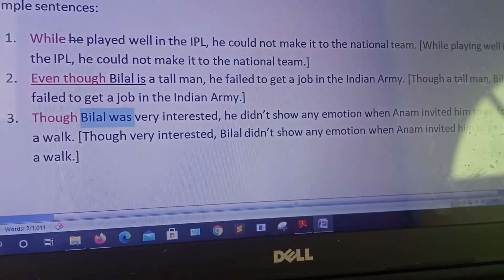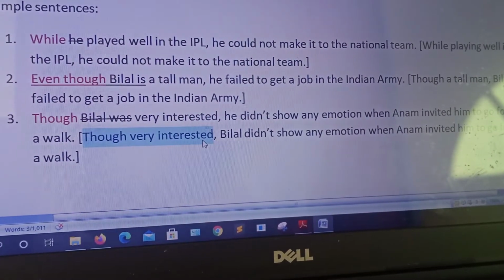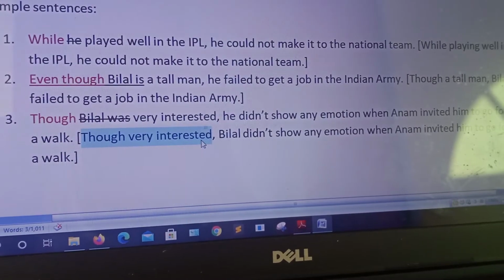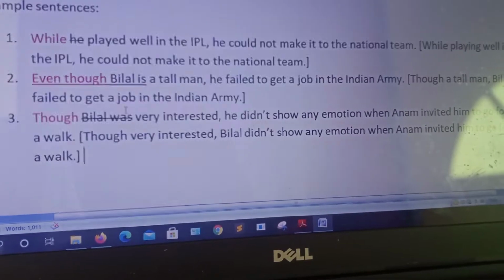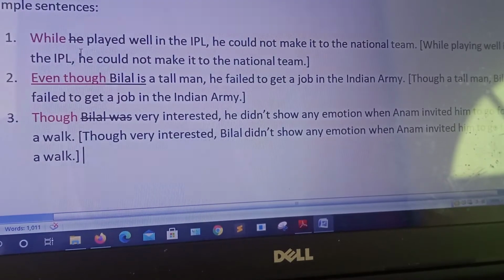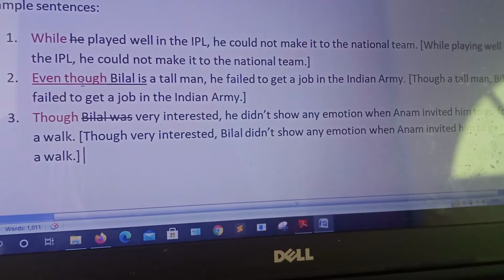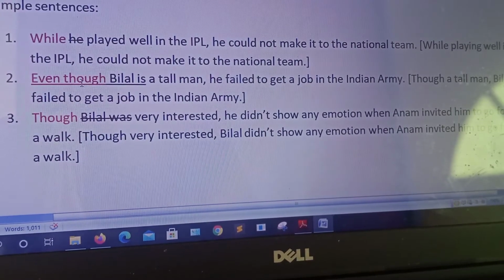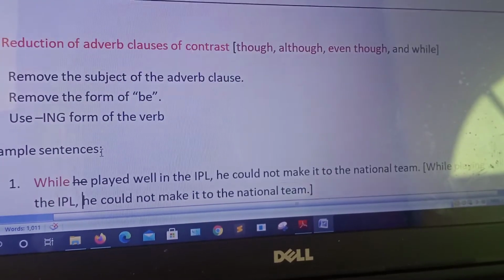After removing the subject and verb to be, we are left with though very interested, Bilal did not show any emotion when Anam invited him to go for a walk. So we are going to remove the subject and verb to be, and at the place of even though we are going to use though. It is okay. So it is about reduction of adverb clauses of contrast.